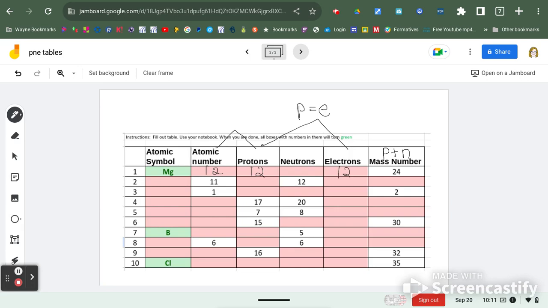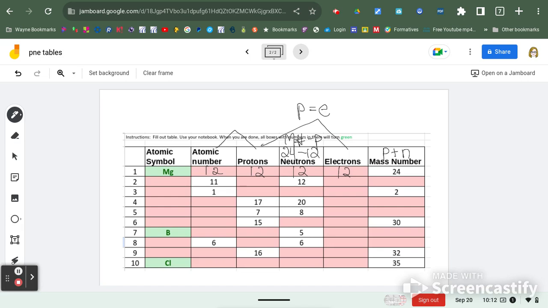So if the mass number is 24, then the neutrons are going to be 24 minus the 12 protons. Neutrons will always be the mass number minus the protons. So this is going to be 12. So in this example, all of these numbers are 12, but that's not always the case. But for this one, it is.